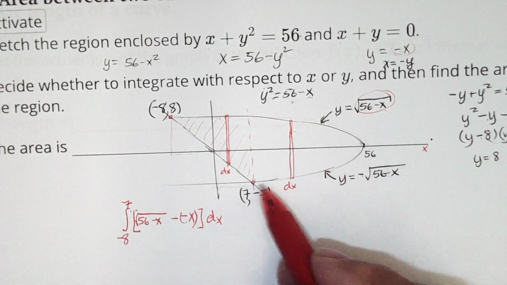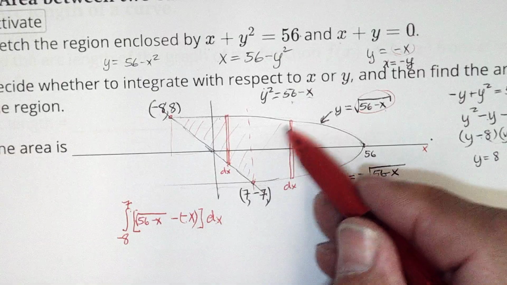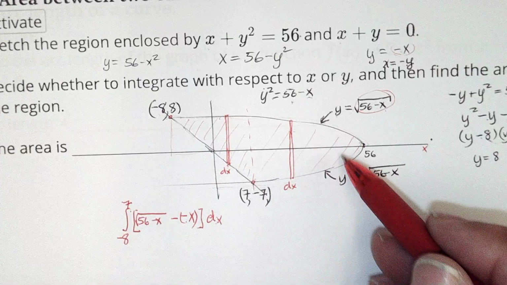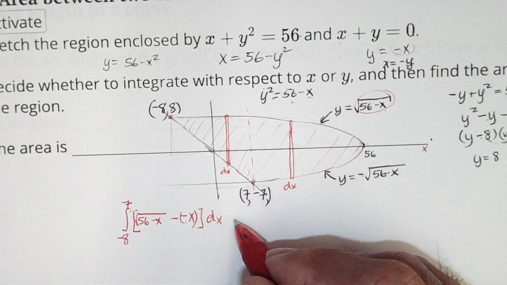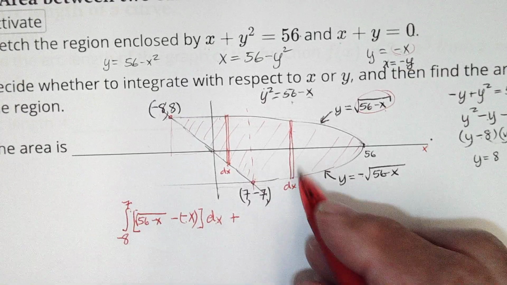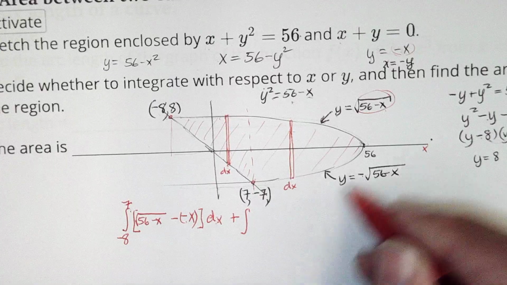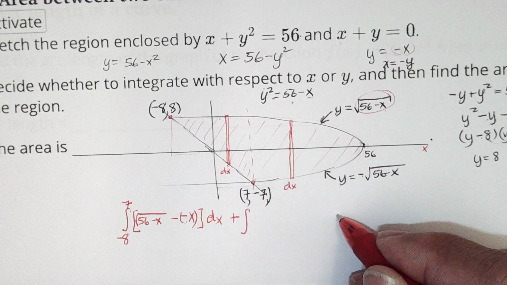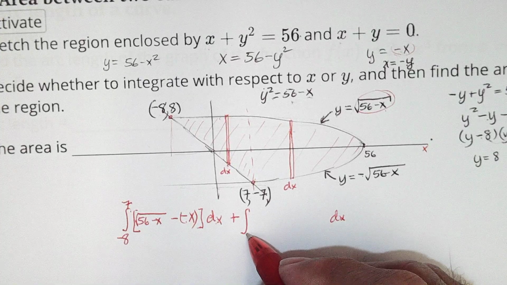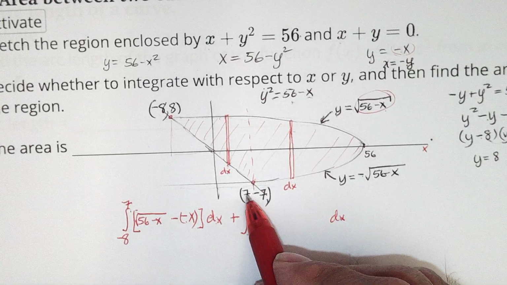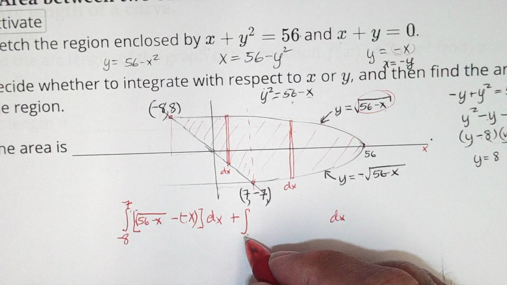Now for this area, I can do it a couple of ways, but I've got to add on, and this is going to be in terms of x again, because it's going to be dx, and I can integrate. The x is going to go from 7 to 56.